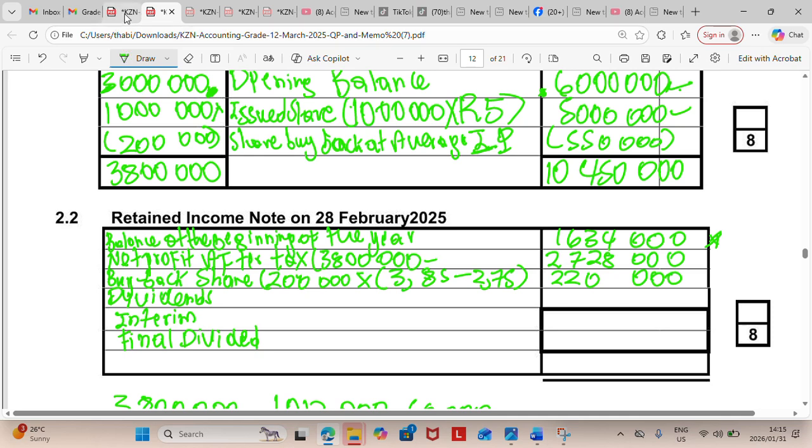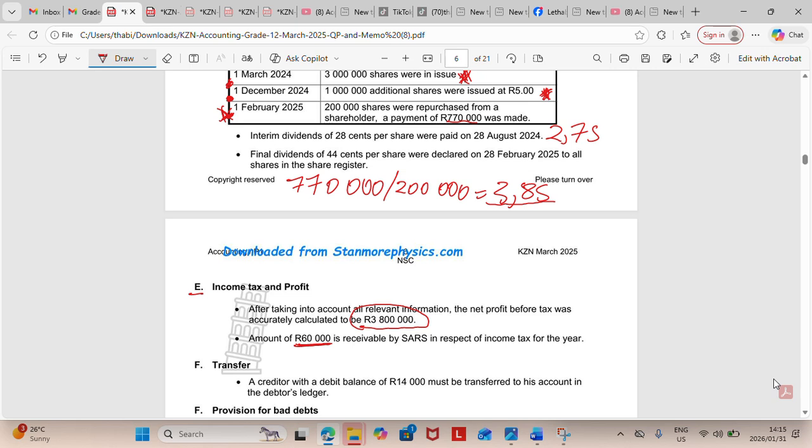200,000. But let's go and check the information here that speaks about interim dividends. They are saying, guys, interim dividends of 28 cents per share were paid on 28 August. 28 August is 6 months from our first day of the month, which is March, April, May, June, July, August. After 6 months, we paid interim dividends of how many? 28 cents.